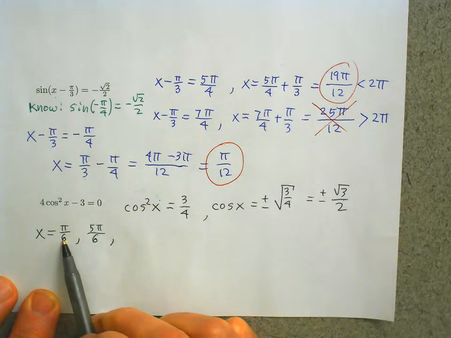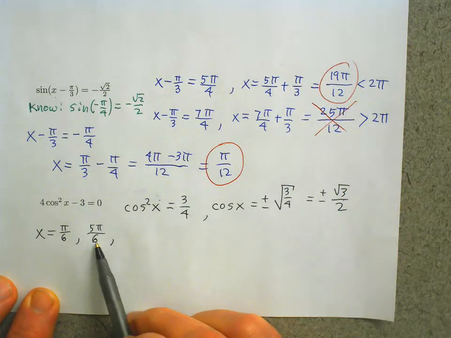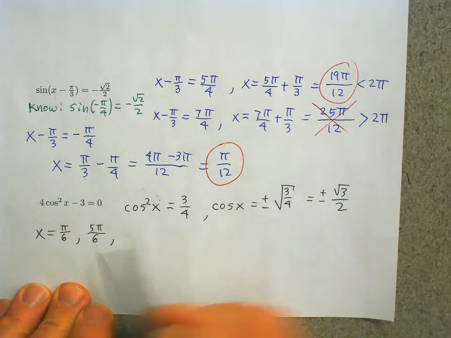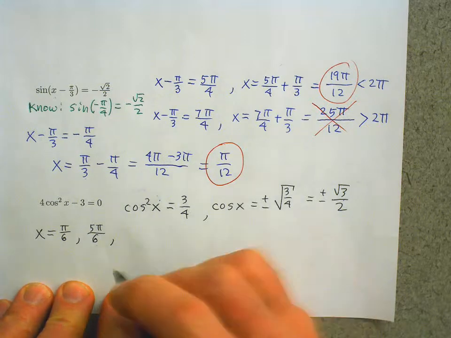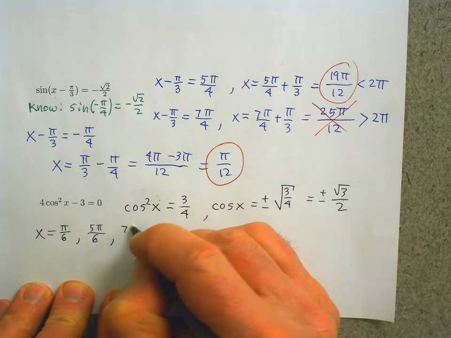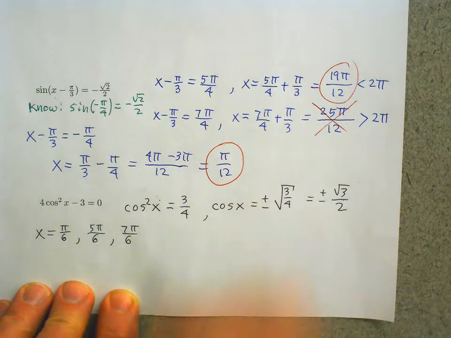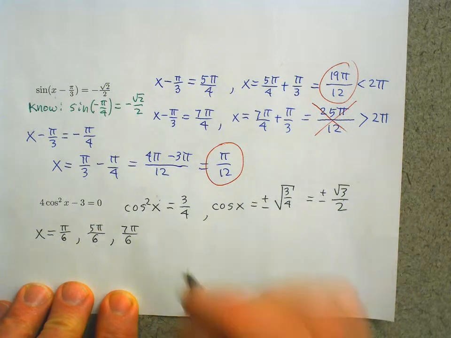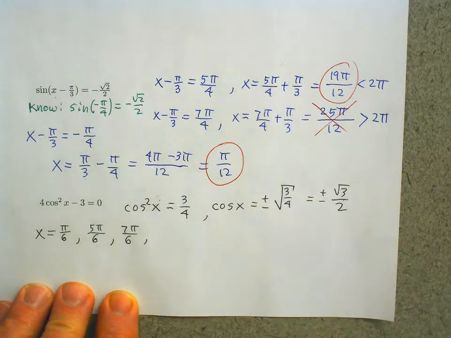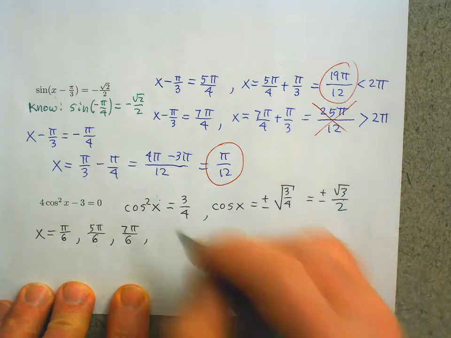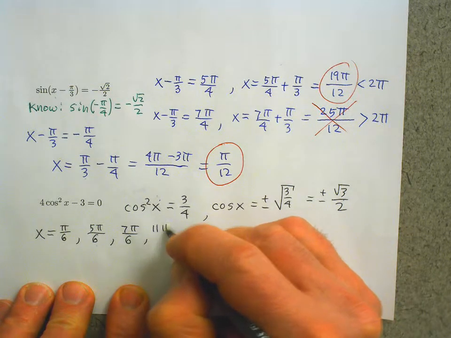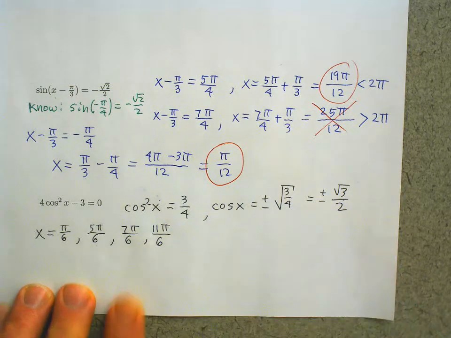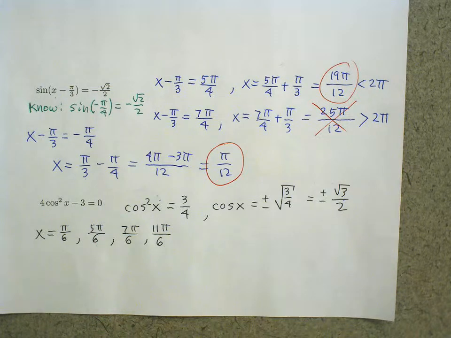So pi over 6 is from the first quadrant, 5 pi over 6 from the second. From the third quadrant, cosine of 7 pi over 6 is equal to negative square root of 3 over 2. And then finally, from the fourth quadrant, cosine of 11 pi over 6 is equal to positive square root of 3 over 2. So 4 solutions.